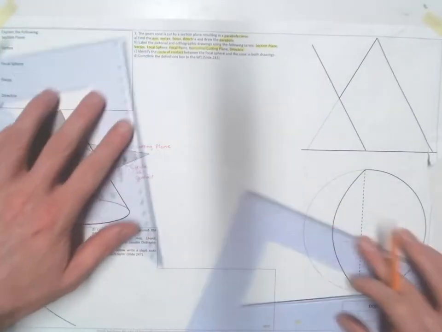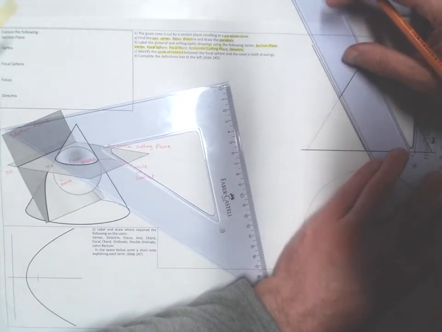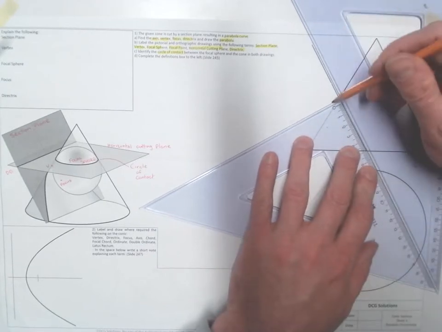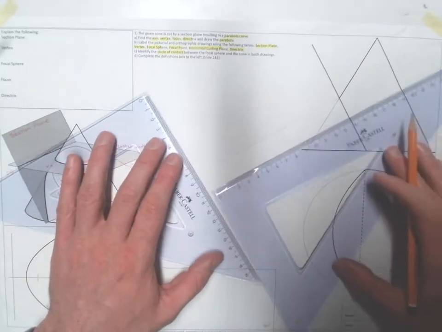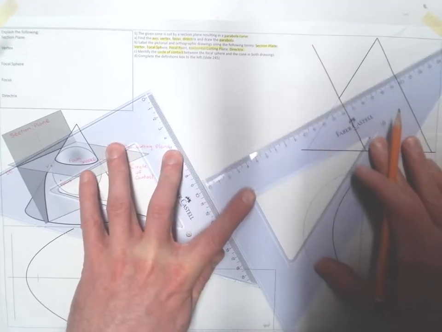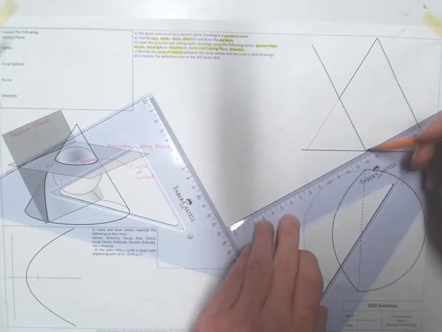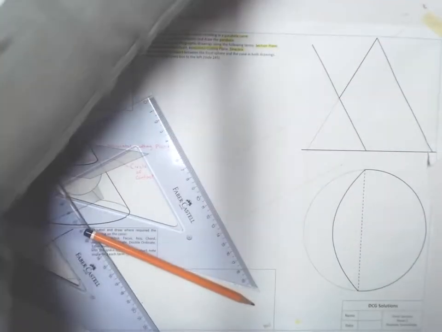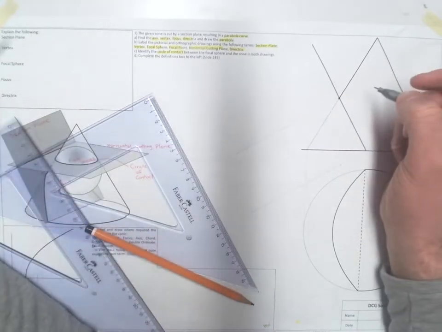So I'm going to project the line at 90 degrees, and project it out lightly.